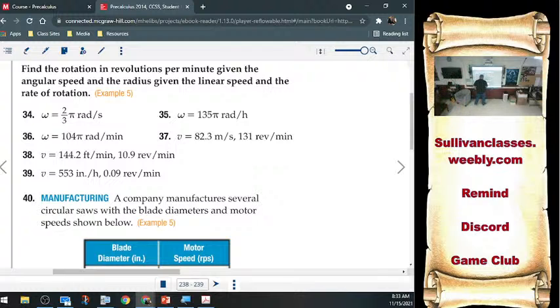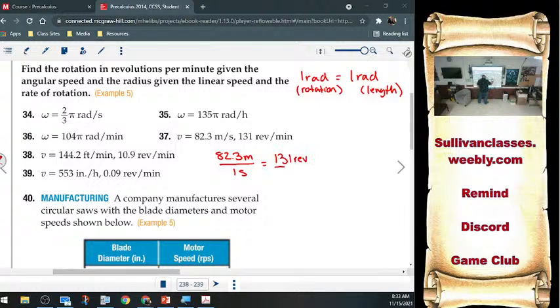You have to cross the boundary that 1 radian is 1 radius. 1 radian is rotation. 1 radius is length. So if I'm given a linear and a rotational speed, then those two are technically equivalent. 82.3 meters per 1 second is equivalent to 131 revolutions per 1 minute.